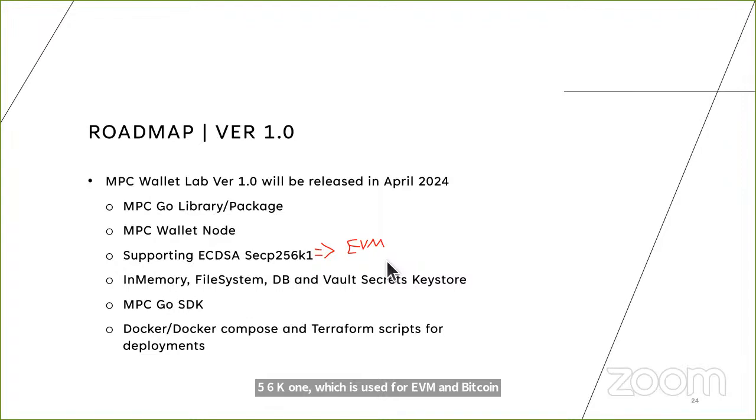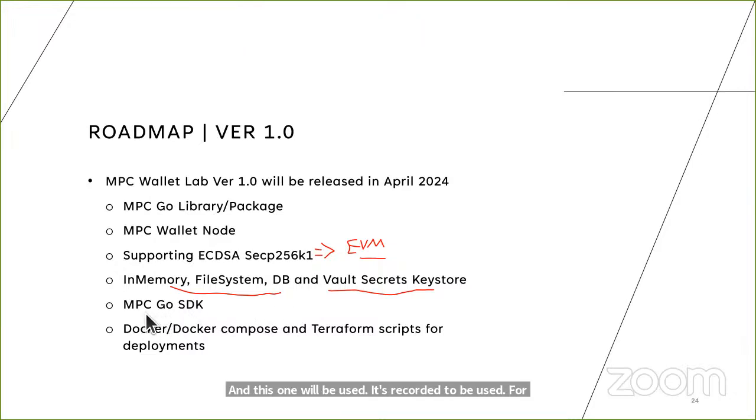It will include in-memory, file system, database, and vault secrets key stores. As I said, the first three can be used for development, but they are not recommended for production. And the vault one is recommended for production.